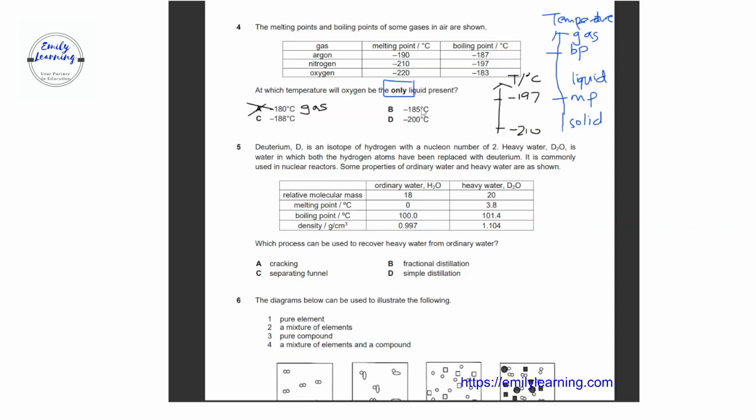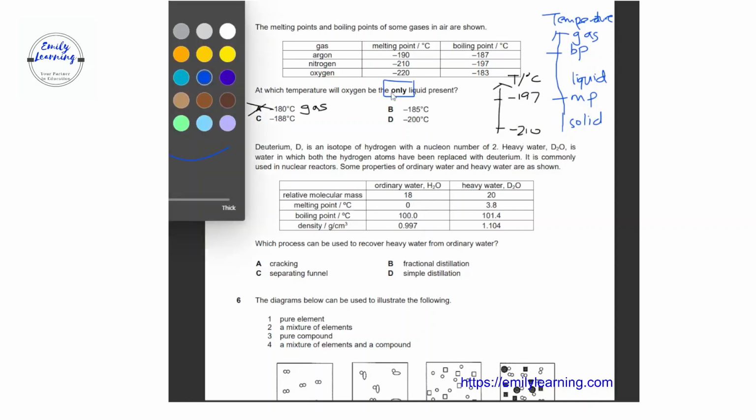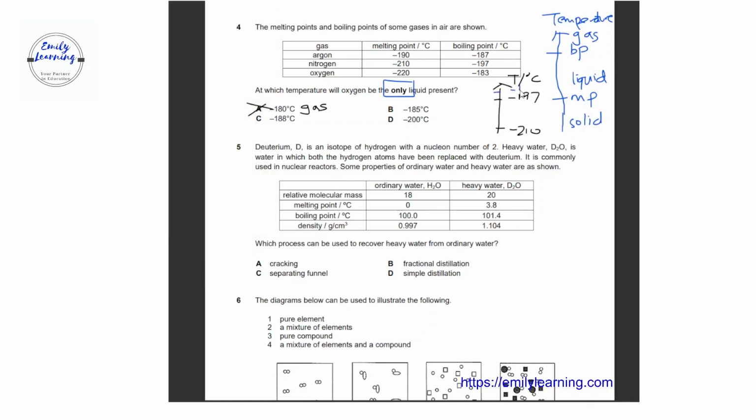So minus 185 is here. Nitrogen is a gas, so we can still use option B. For option C, minus 188 is here, so nitrogen is also a gas, so we can still use this option.